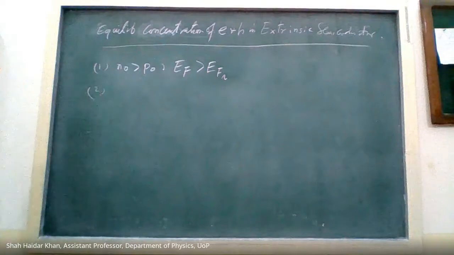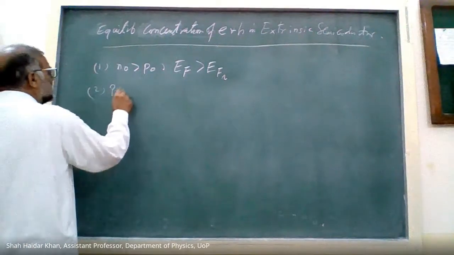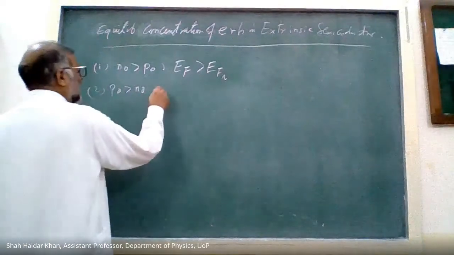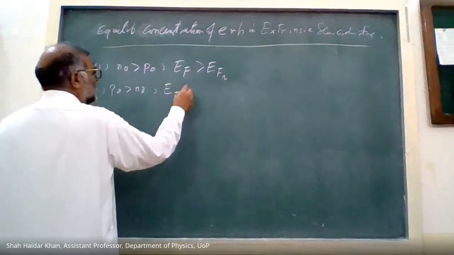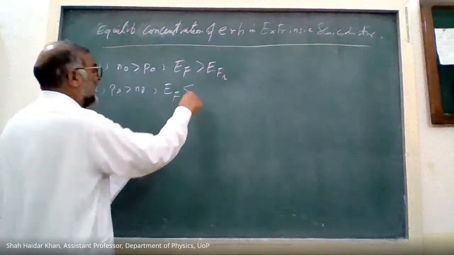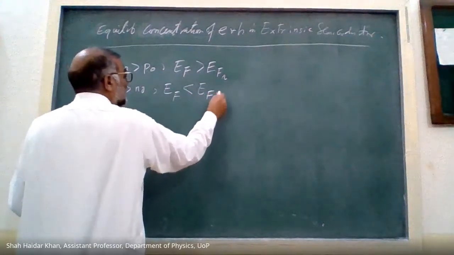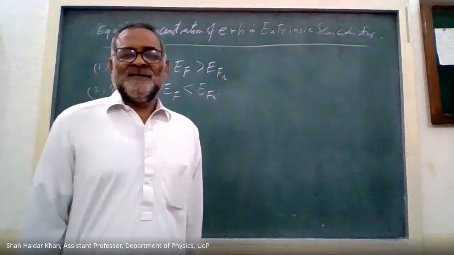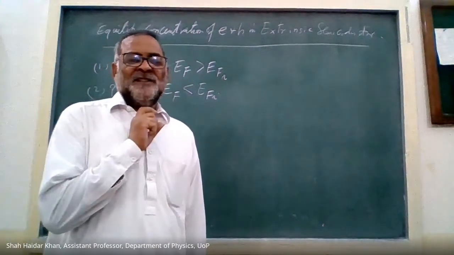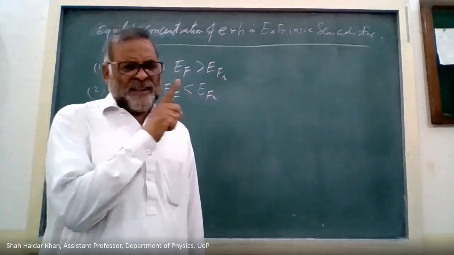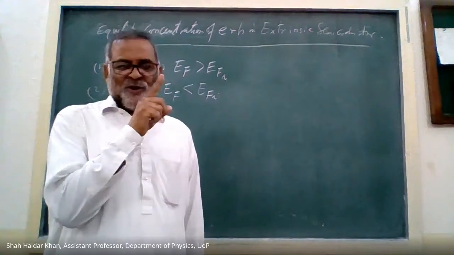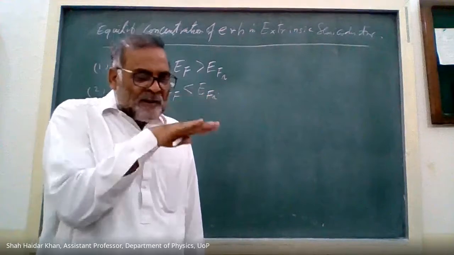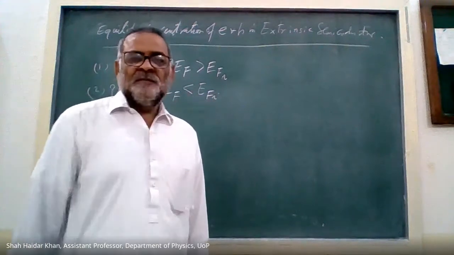And if p naught is greater than n naught, then EF will be smaller than EFi. If the Fermi energy was in the middle of the gap and you put acceptor impurities, the Fermi energy level will come down, down, down.